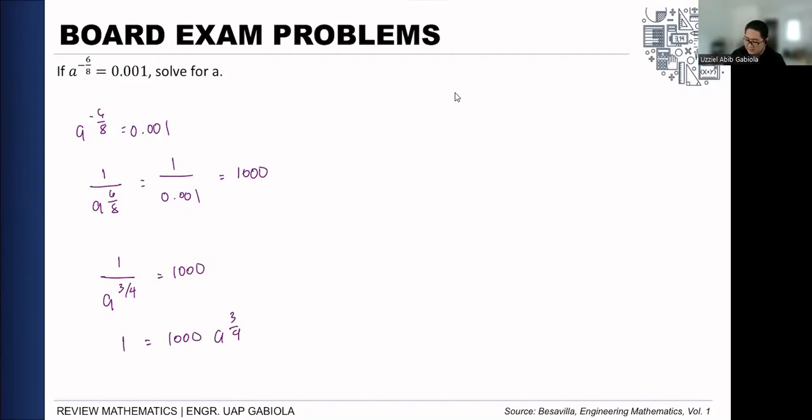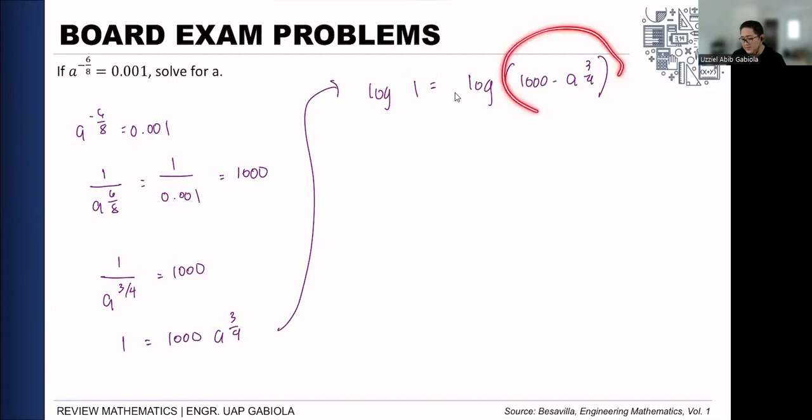Tapos, introduce natin logarithm. So, log 1 is equals to logarithm of 1,000 times A^(3/4). Okay? So, rule nung ano natin, kapag meron tayong naka-multiply, pwede natin paghiwalayin as plus, no?